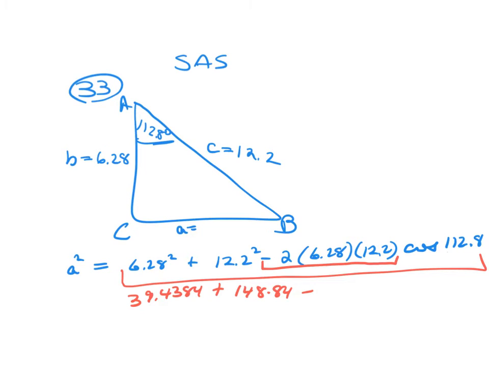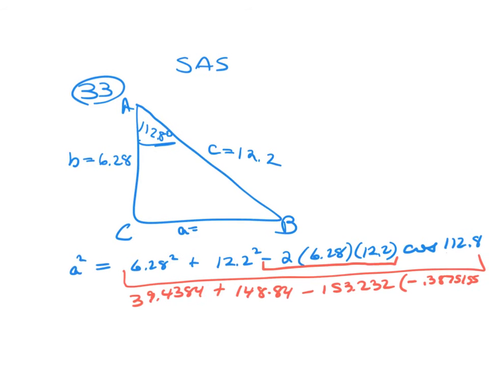So negative 2 times 6.28 times 12.2. This gives me negative 153.232. And then I'm going to go ahead and do cosine of 112.8. And this gives me negative 0.3875155865.